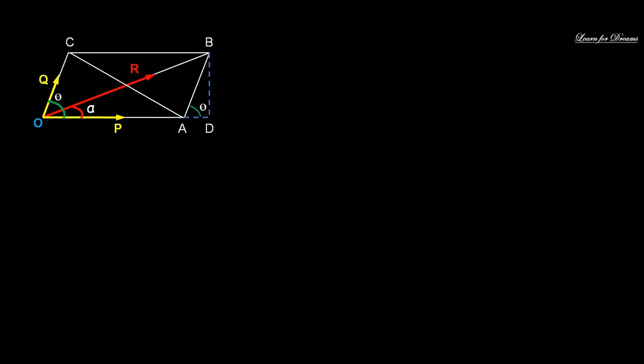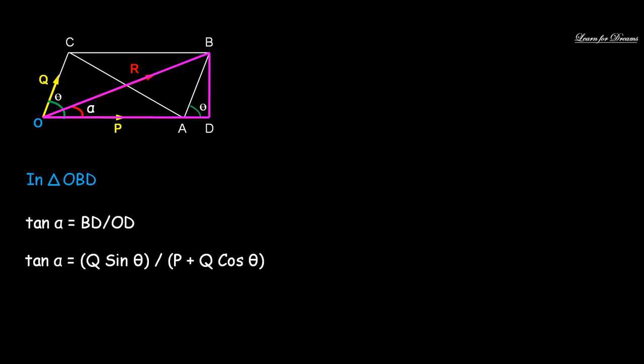Clear till here? Now the task is to find the equation for angle alpha. Again concentrate on triangle OBD. Tan alpha is equal to BD upon OD, that is the opposite side of angle alpha divided by the adjacent side.